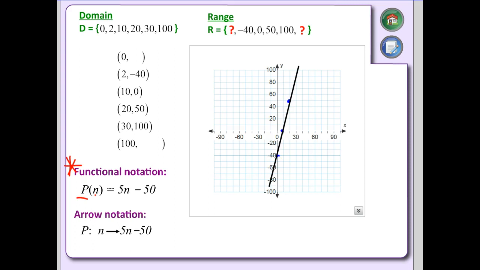So this says the function P, the variable involved is n, and then this is my equation that goes with function P. Now, you can also see they use arrow notation as well. Once again, my function's name is P, the variable involved is n, and the equation that goes with function P is 5n minus 50.